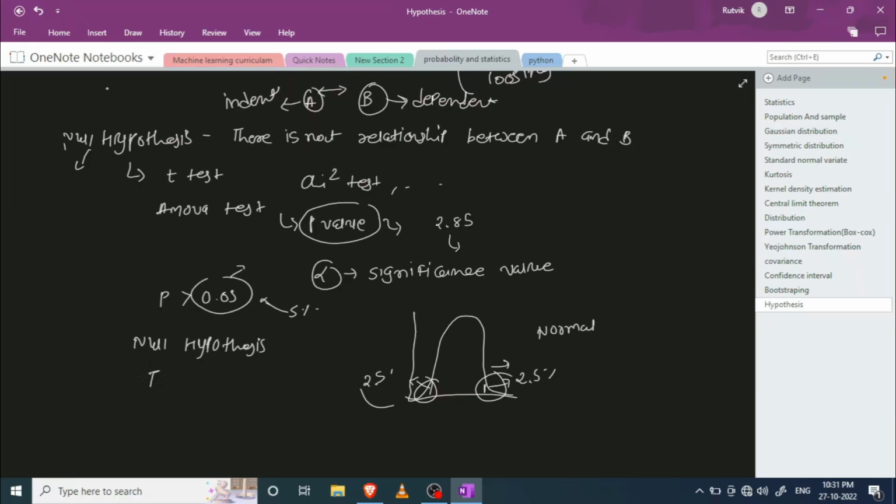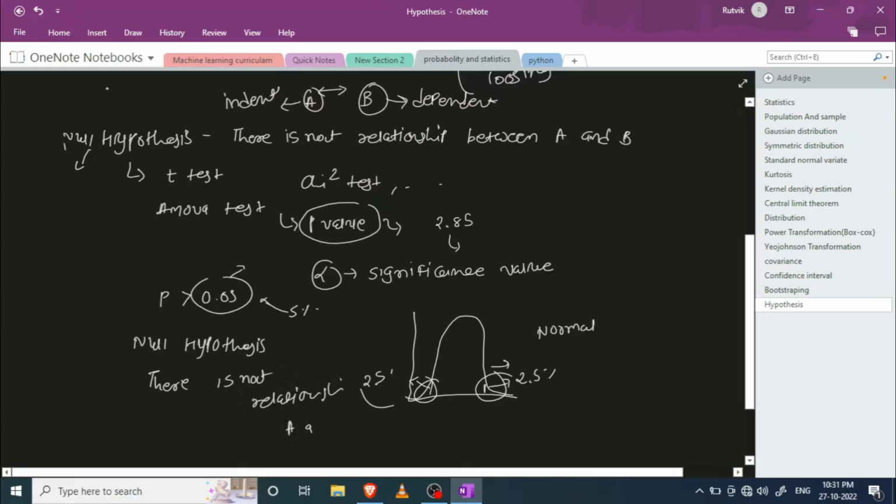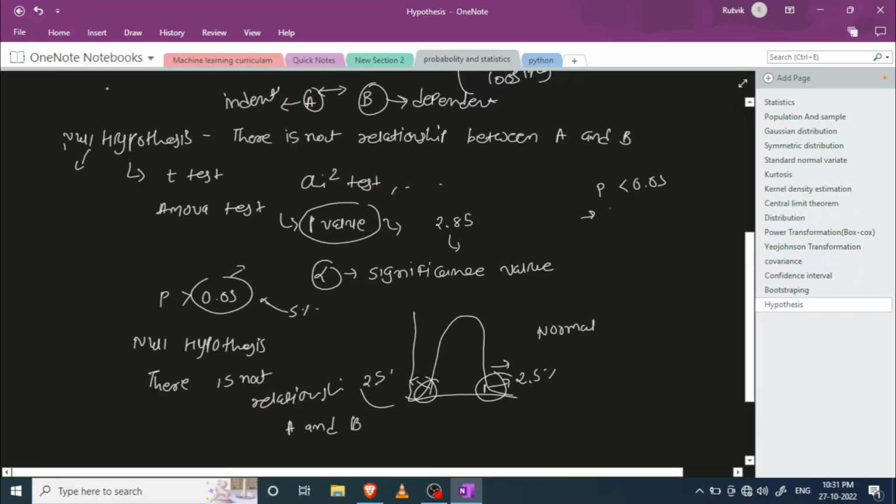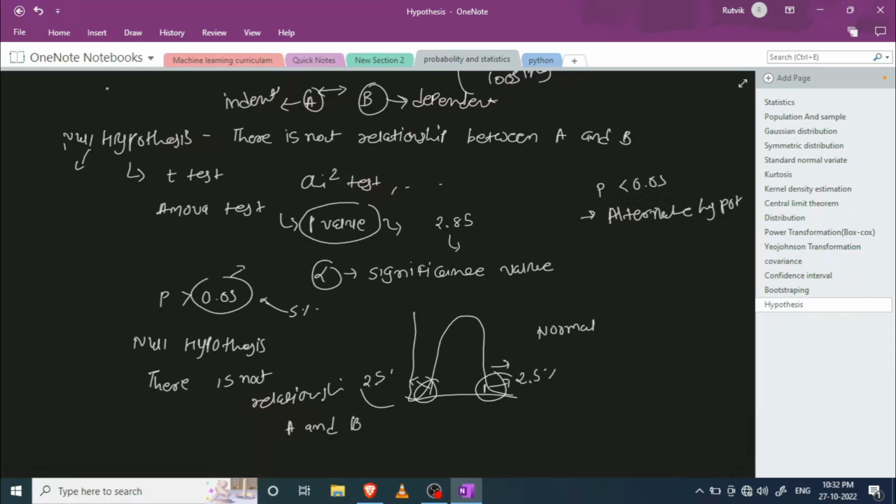That means my assumption is true, that there isn't any relationship between A and B, right? If the value is like this, p less than 0.05, then I'm going to say that my alternate hypothesis is true.